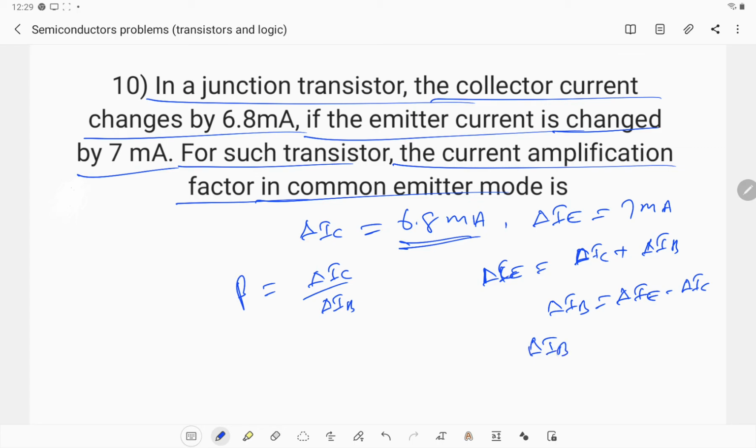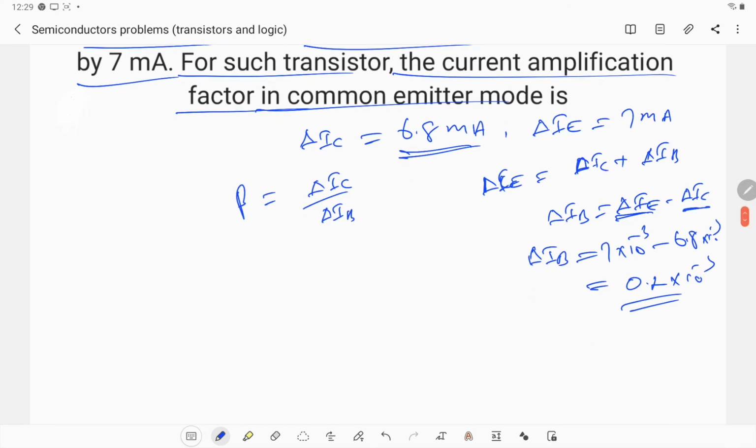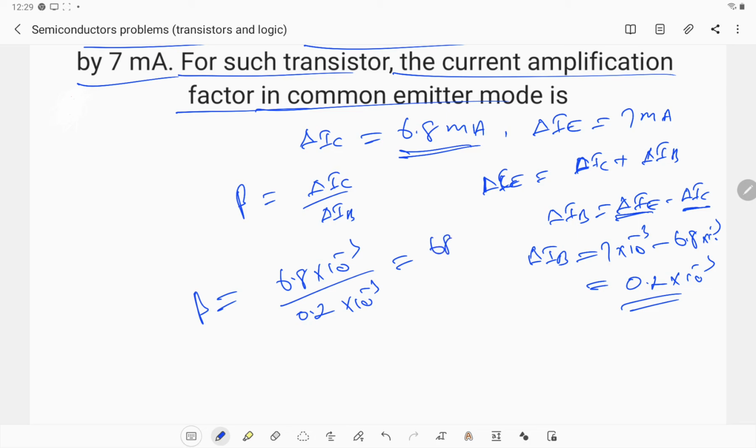Therefore, delta IB is equal to 7 into 10 to the power of minus 3, which is delta IE, minus 6.8 into 10 to the power of minus 3. This becomes 0.2 into 10 to the power of minus 3. This is delta IB. Therefore, beta is equal to delta IC, 6.8 into 10 to the power of minus 3, by 0.2 into 10 to the power of minus 3. This becomes 68 by 2. Therefore, beta is equal to 34.